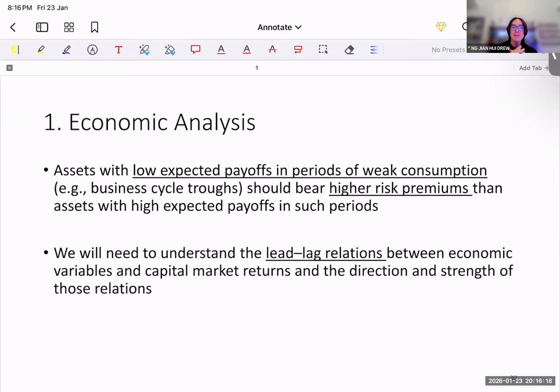So question, if a company's performance follows the trend of the market, the business cycle, they typically have higher risk, right? But what kind of stocks are these companies generally in? What kind of sectors are they generally in?